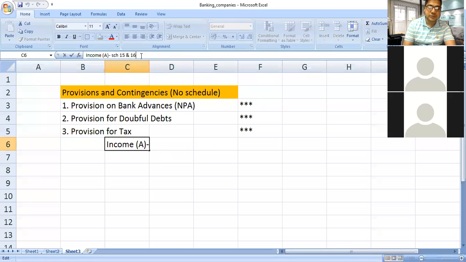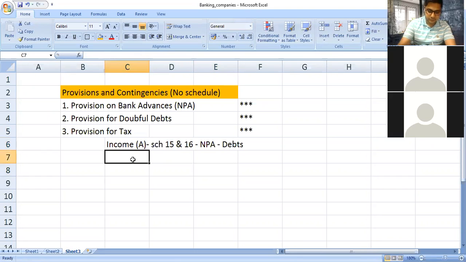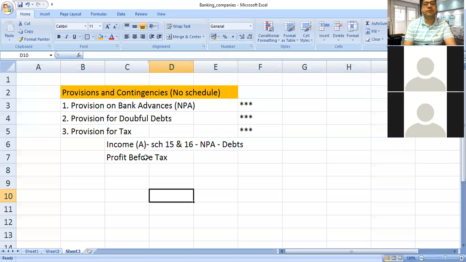Then after that, friends, we have to deduct provision for bank advances, that is NPA, and we have to deduct provision for doubtful debts. After deducting all these things, we will get profit before tax.